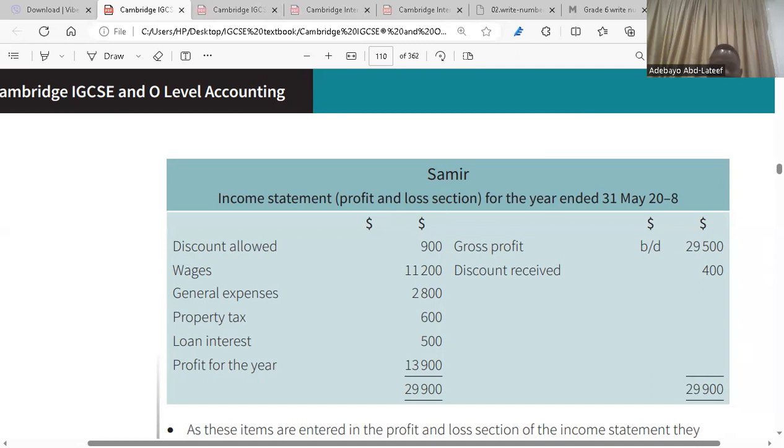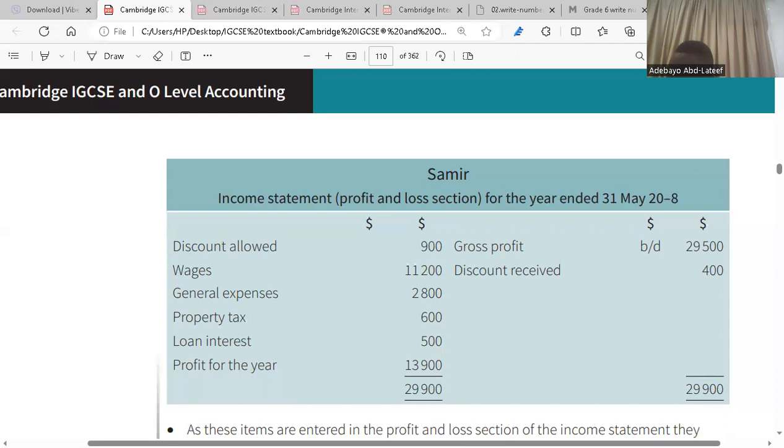Yes. Then what do we have next? So the expenses are, we have discount allowed on this side now, which is 900. Yes or no? Yes. Wages, how much? 11,200.